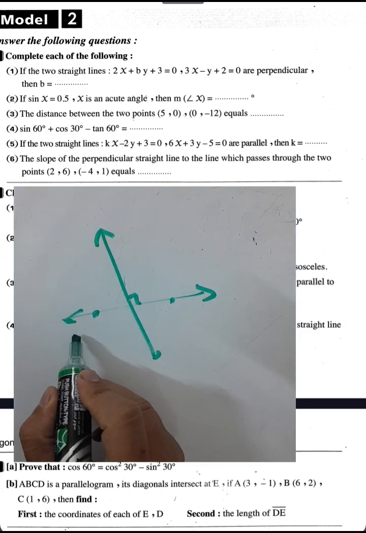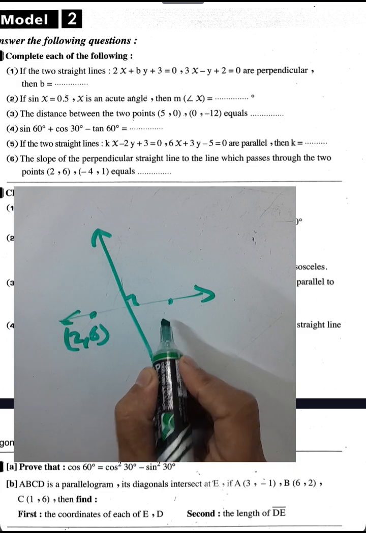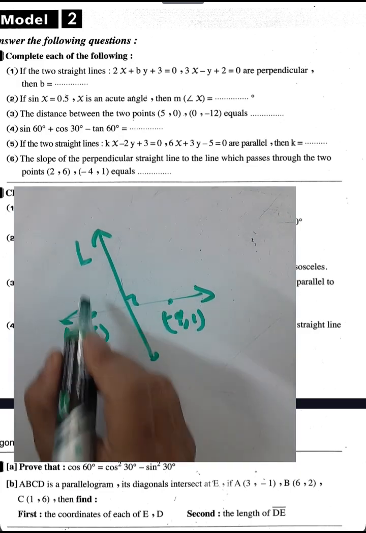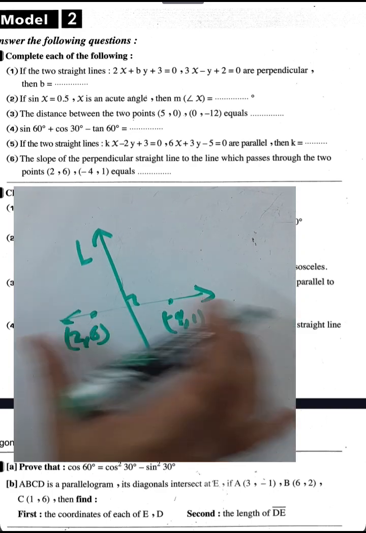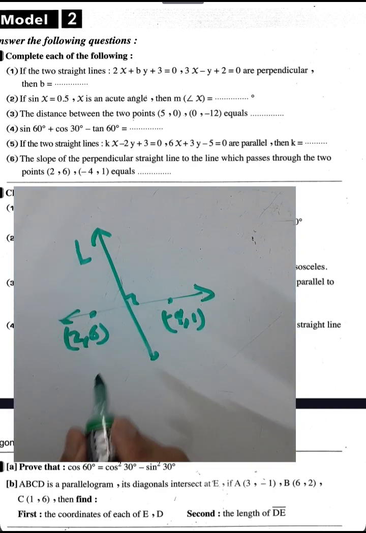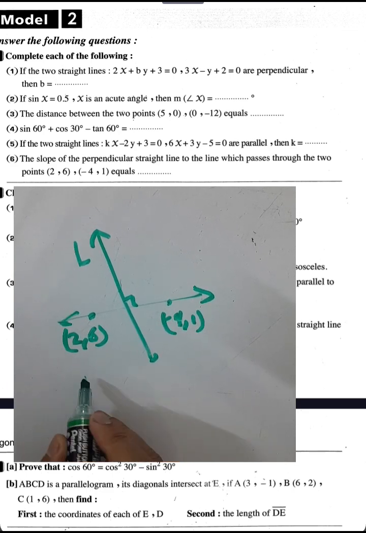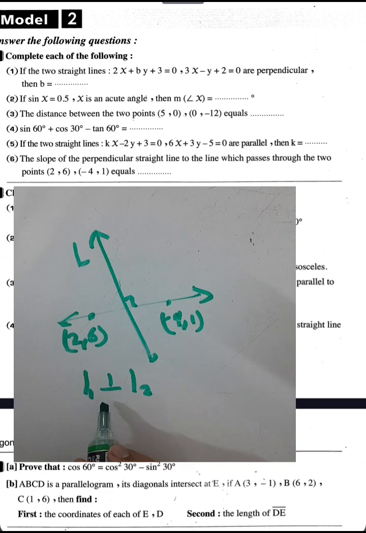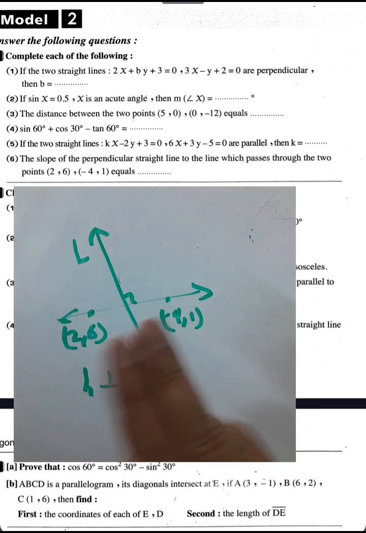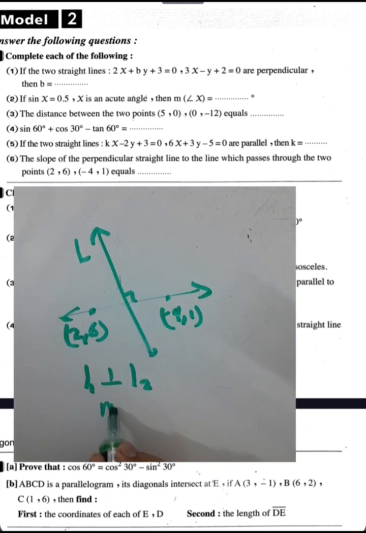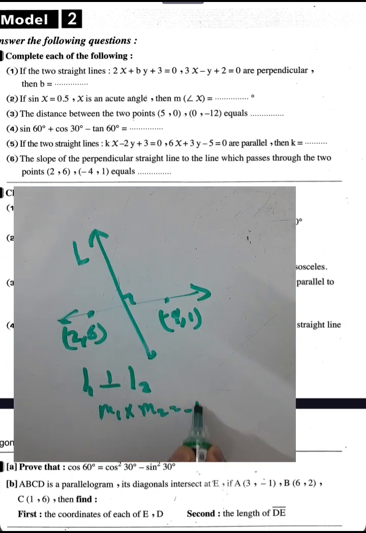First point 2 and 6, and second point negative 4 and 1. Then we can write the relation L1 perpendicular L2. So I am going to find the slope of L1 and then invert the result and change its sign, because slope 1 times slope 2 is negative 1.